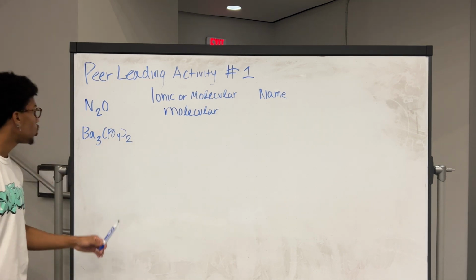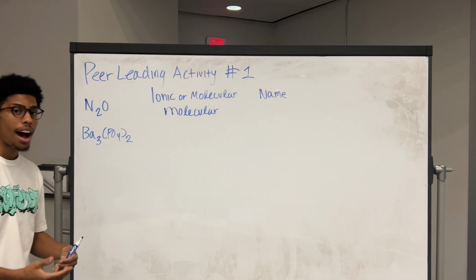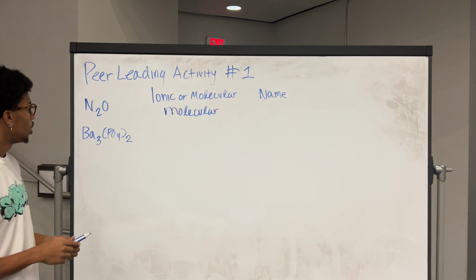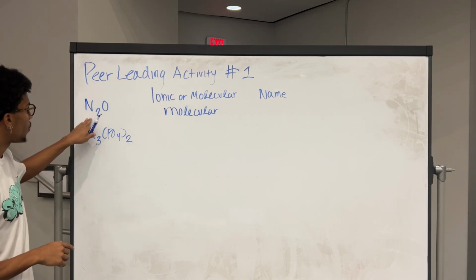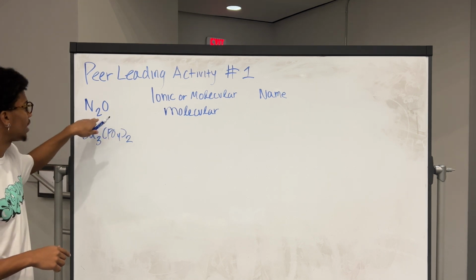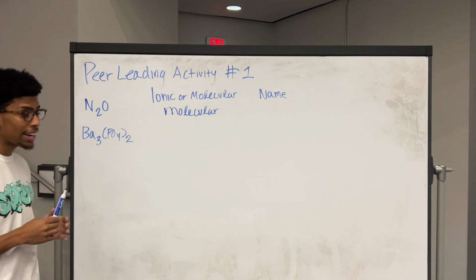So, when you are naming molecular compounds, you are going to use the numeric system. So you're going to use di, tri, mono, things like that. So, we have 2 nitrogen and 1 oxygen. I see a lot of students put nitrous oxide, but remember, this is a very systematic way of naming.